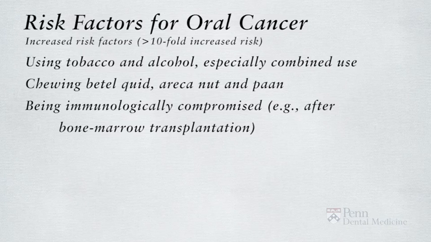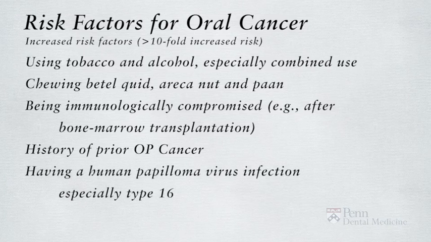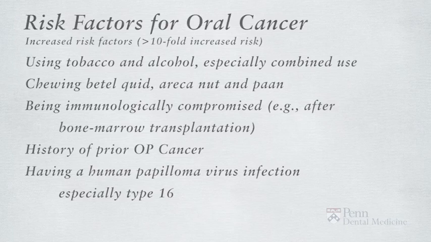Being immunocompromised also puts you at a very strong risk for oral cancer, as does having a history of a prior oral cancer. Additional strong risk factors that have been more recently identified is having a human papillomavirus infection, especially subtype 16.